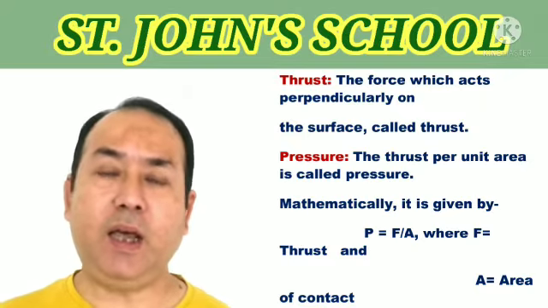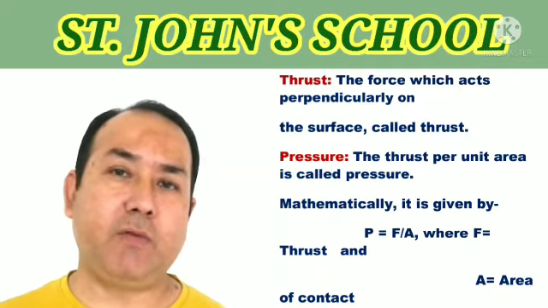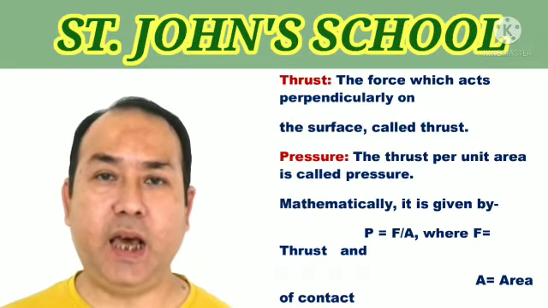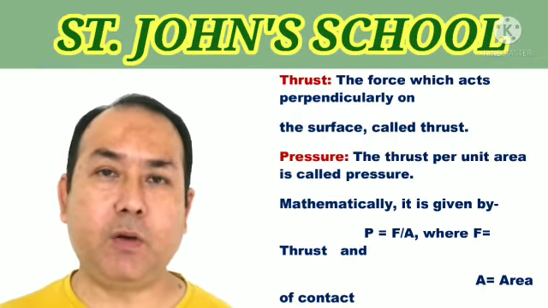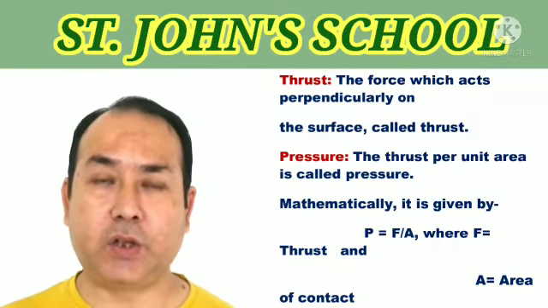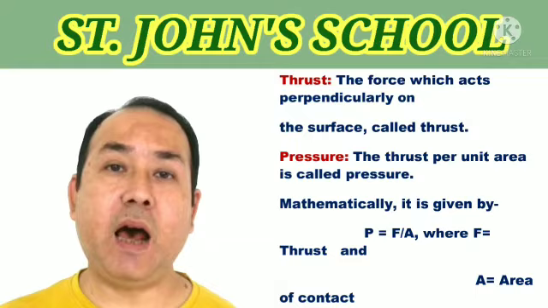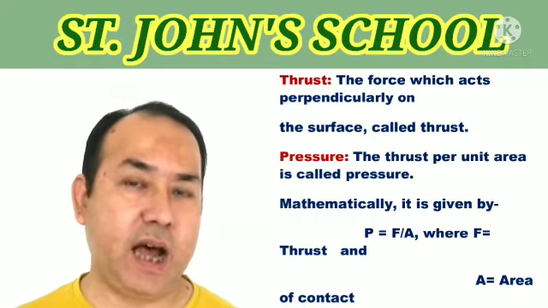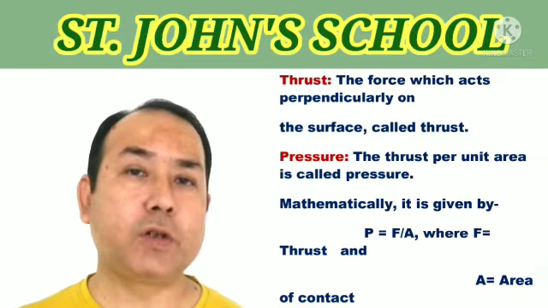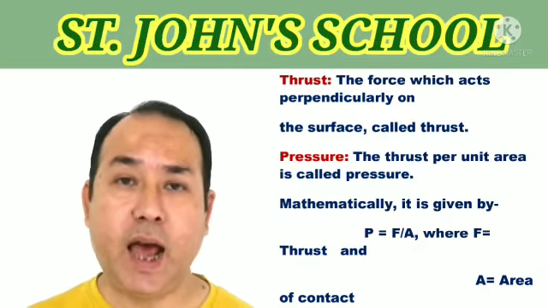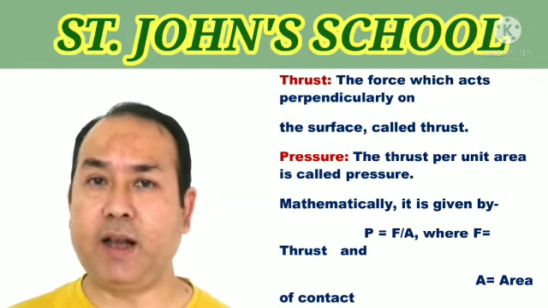Mathematically, pressure can be calculated by the formula F upon A. P is equal to F by A, where F represents thrust and A represents area of contact. From this expression we understand that the more the force applied, the more the thrust, the more will be the pressure.